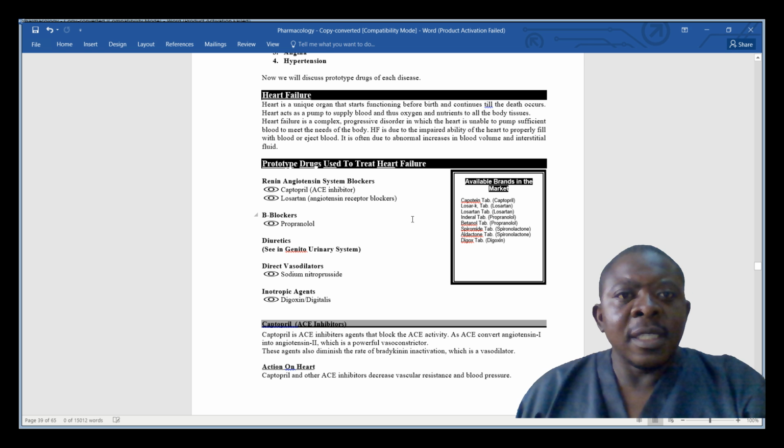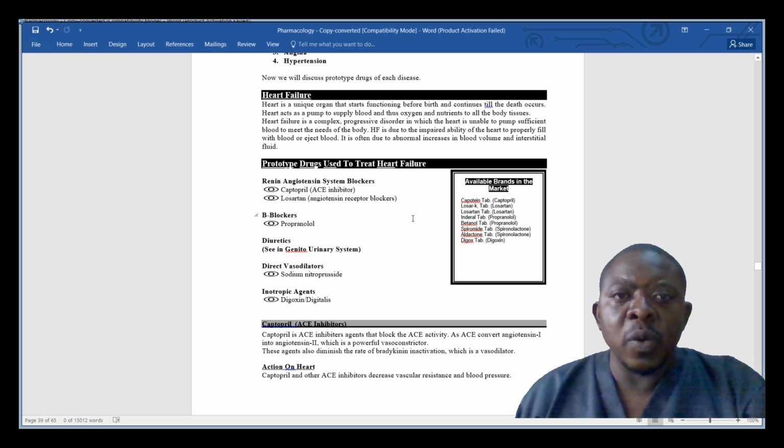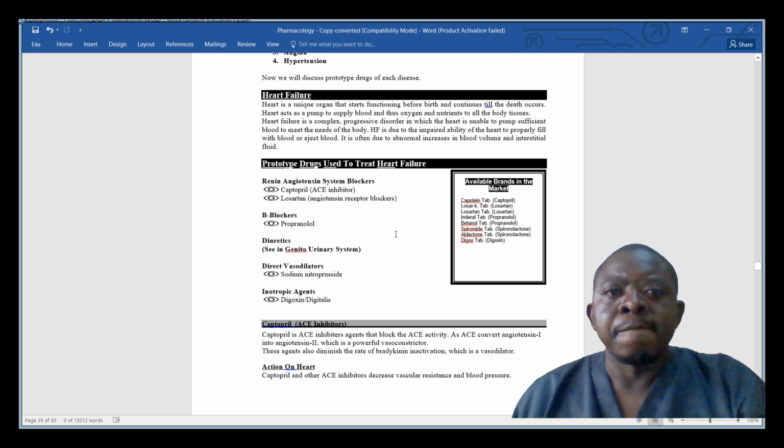Some of the examples under renin-angiotensin system blockers include captopril, an ACE inhibitor, or angiotensin converting enzyme inhibitor, or losartan, which is an angiotensin receptor blocker. Then examples of beta blockers include propranolol.